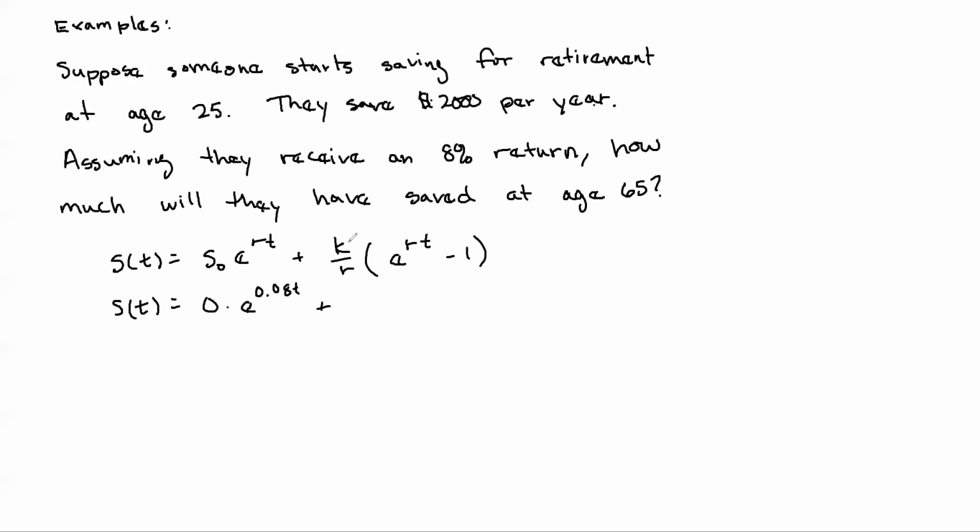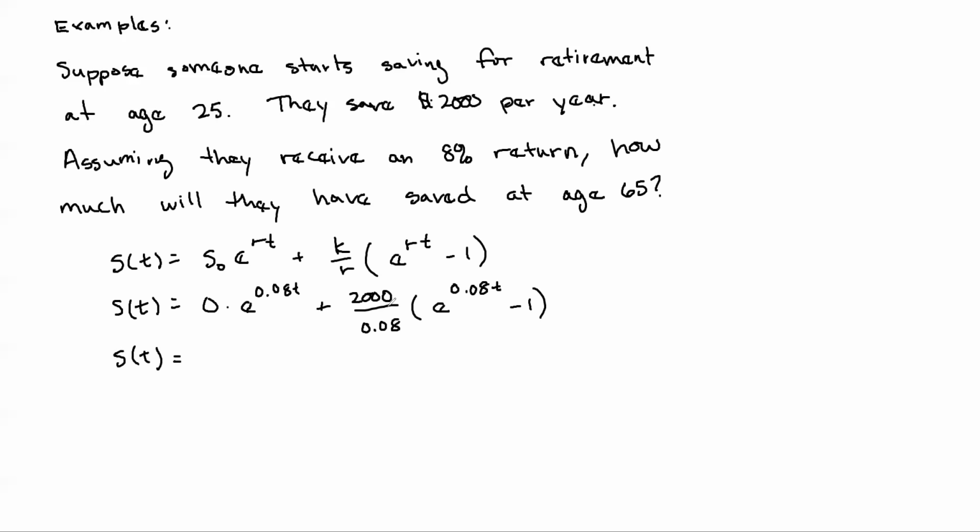So k, if you recall, is the additional deposits. So we have 2,000, the additional deposit per year, divided by the interest rate, times e to the interest rate t minus 1. And so this will give us the model.